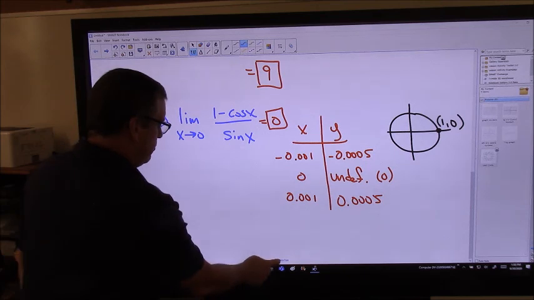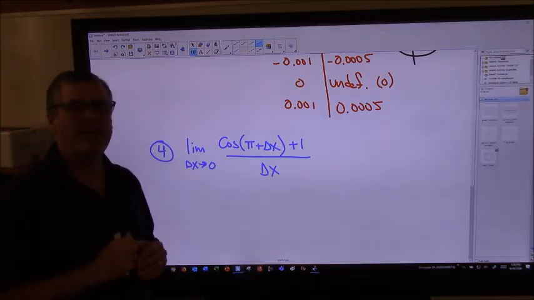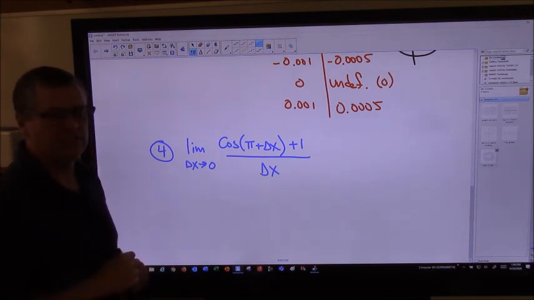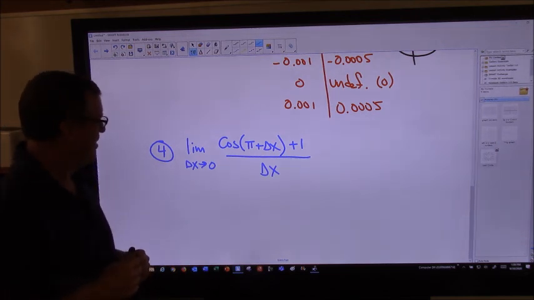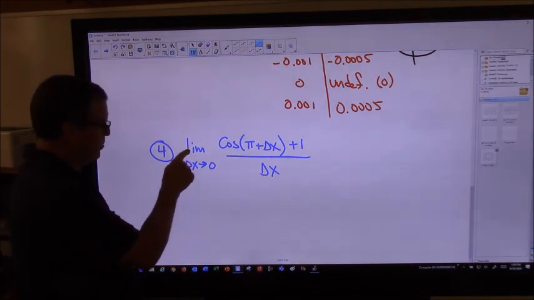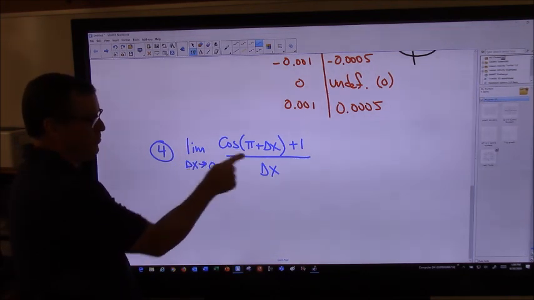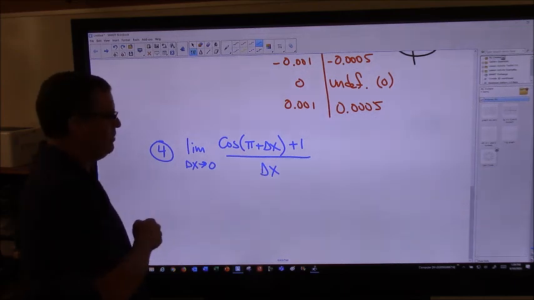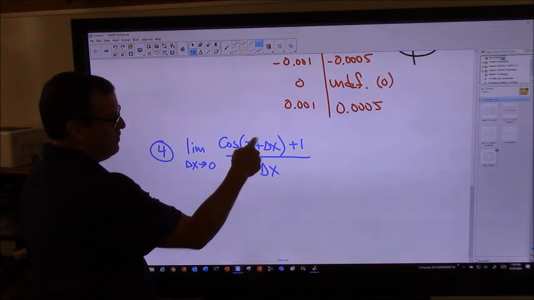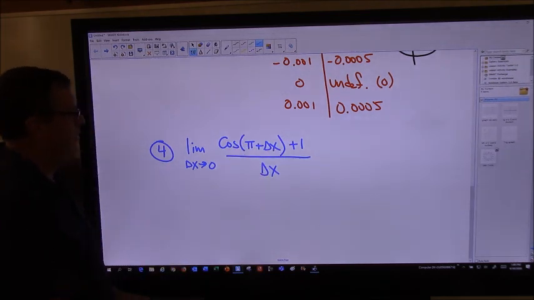All right, let's try another one. Oh yeah, now we're getting to some good stuff. I like it. This just looks ugly, right? So this time our variable is delta x, and we want the limit as delta x gets close to 0, which means we got 0 in the denominator again. Cosine of pi plus delta x, that whole thing plus 1, and then divided by delta x.